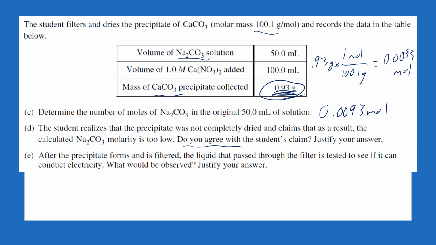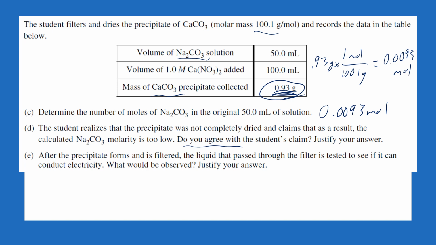And then after the precipitate forms and it's filtered, the liquid that's passed through is tested to see if it can conduct electricity. What would be observed? You can even go back to your drawing from previously, and even if you didn't get the correct addition, they at least showed you the liquid that passed through the filter had those sodium ions and nitrate ions in it.